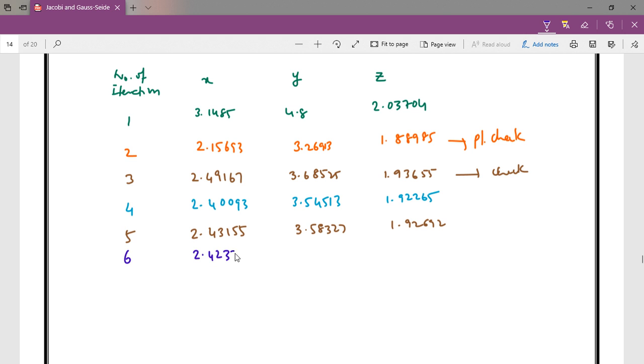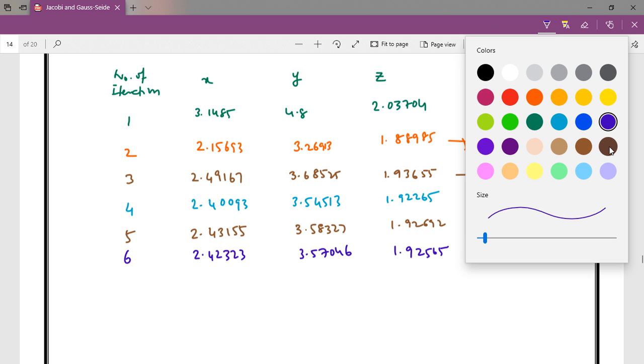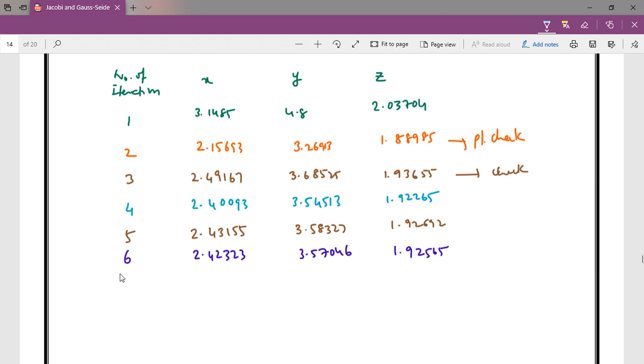The sixth iteration, x value is 2.42323, y value will be 3.57046, and z value will be 1.92565.